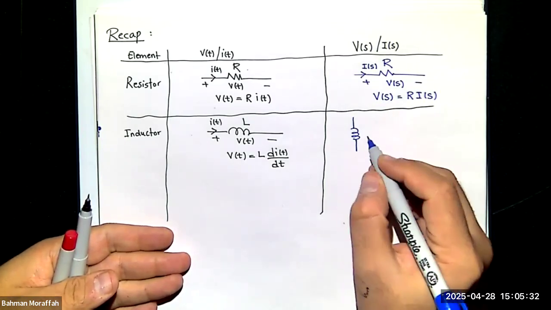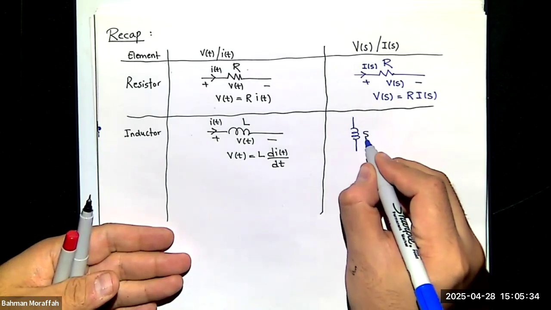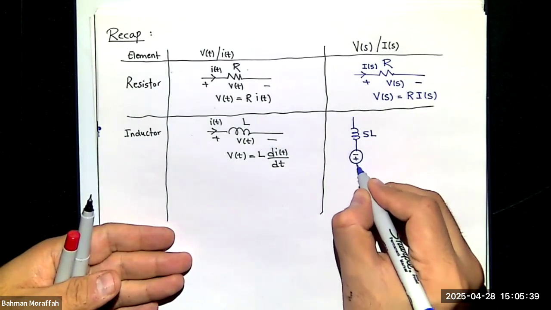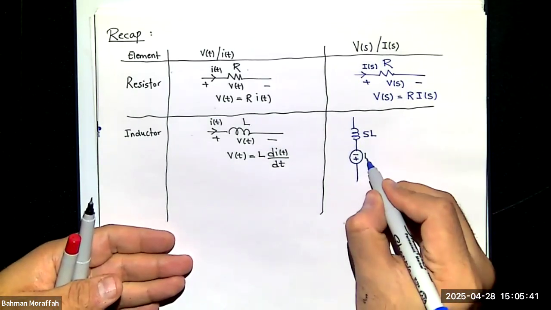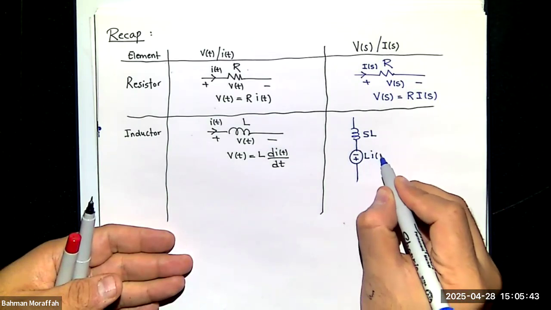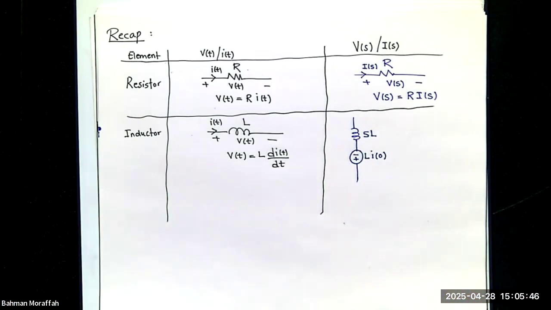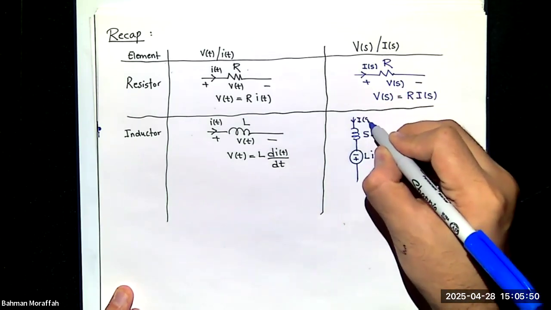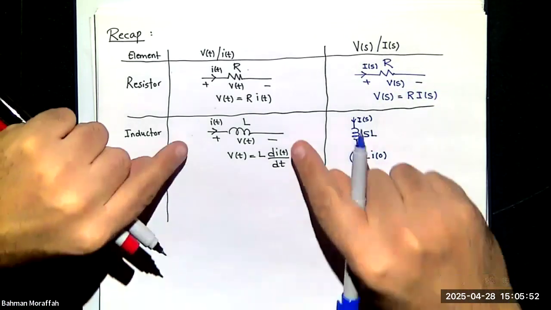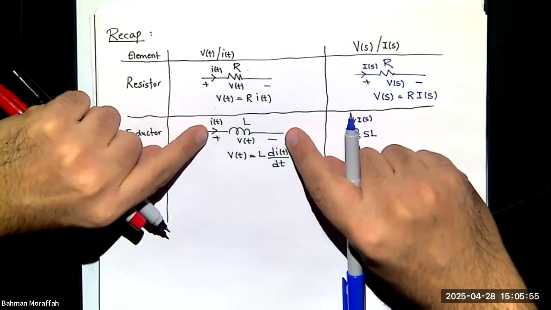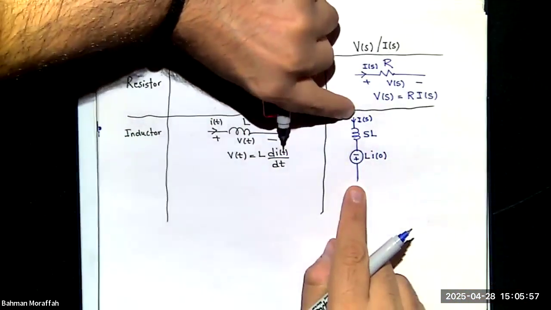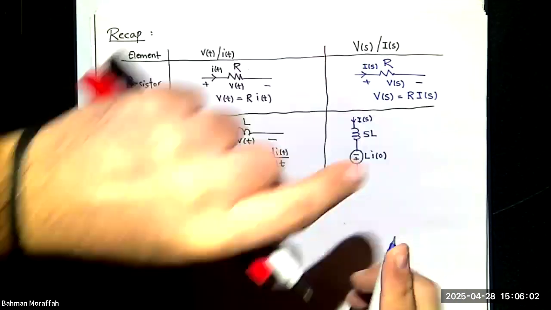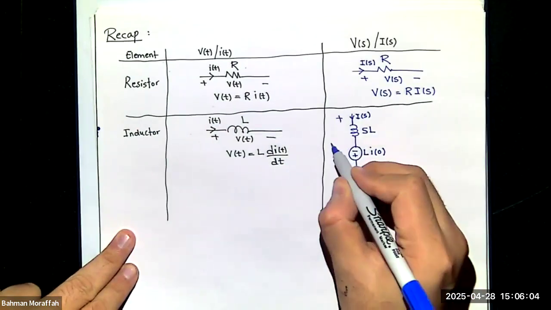So I have this equivalent inductor with value sL, followed by a voltage source with polarity negative positive, with the value L times i(0). And if I consider current through it I(s), if I'm asked to find this v(t) over here, this translates to the voltage across these two things together and not just this sL. So this is V(s).